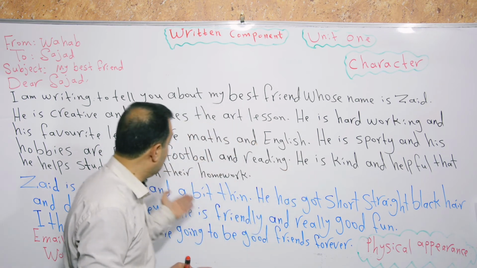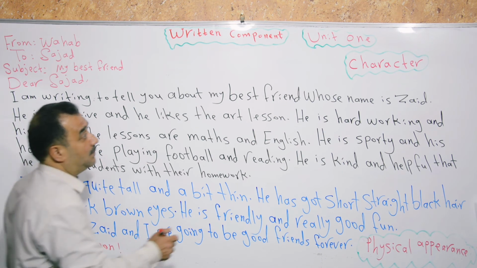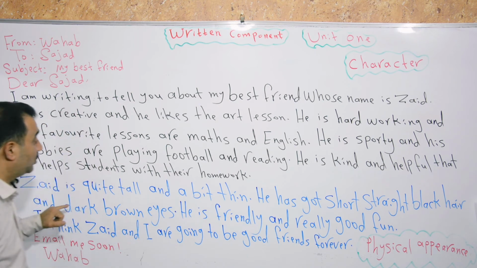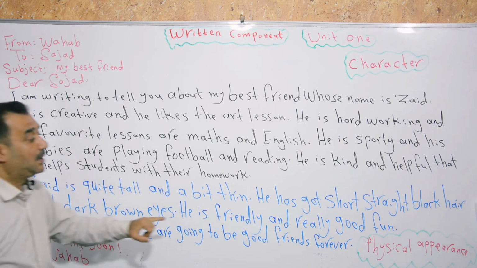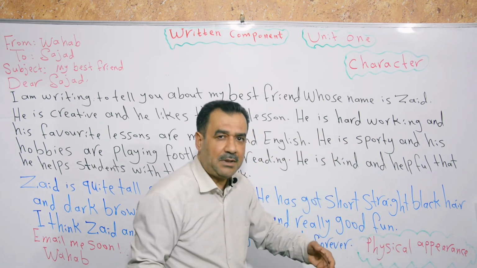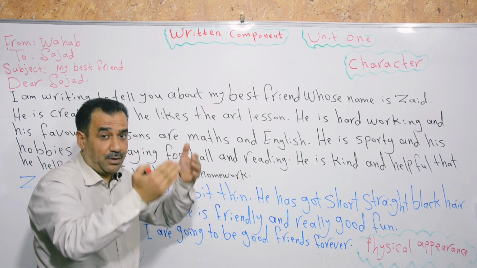Now, paragraph number 1 describes his character. Paragraph number 2 describes what? Physical appearance. I mean, okay, is he tall or short?